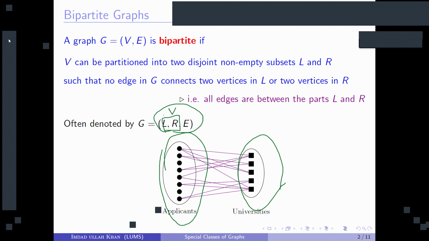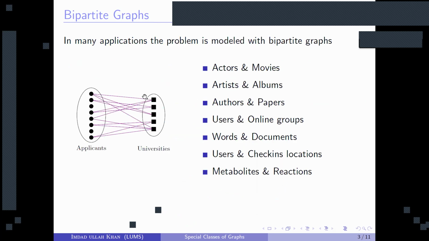So bipartite graphs have many applications. People have used them in literature for beautiful applications. For example, we can store the data of actors working in different movies, artists for albums, and those kinds of different relationships. If you look at the last one, this is an example of computational biology where we have different metabolites and reactions.